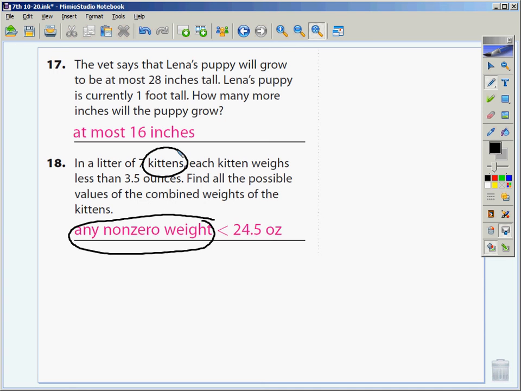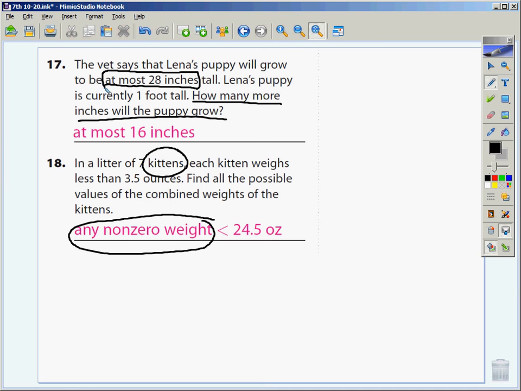Because it says, how many more inches will the puppy grow? And it said, what here? At most. So it can grow at most how many inches? 16 inches. Will it grow 16? Don't know for sure, because it might not grow the full 28 that it can get. It can get 28, right?